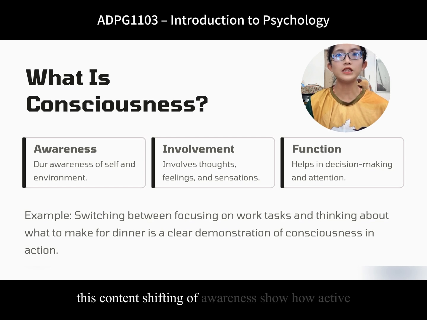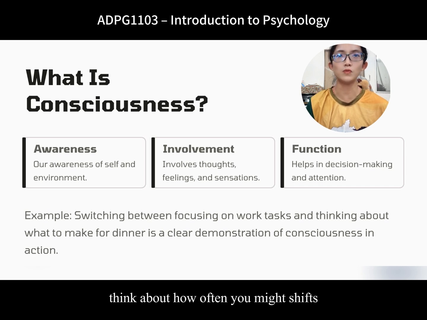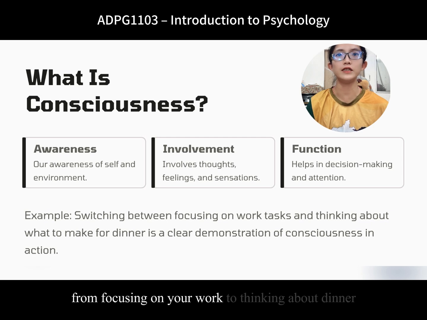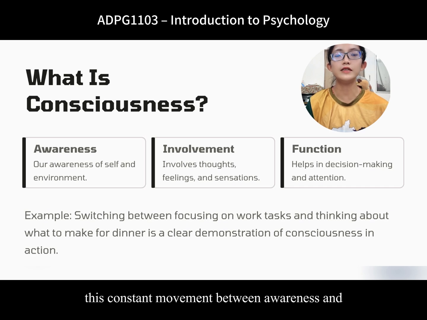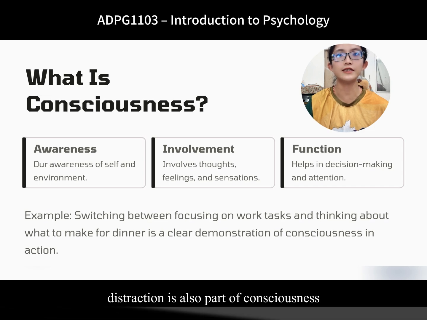This constant shifting of awareness shows how active our consciousness is in daily life. Think about how often your mind shifts from focusing on your work to thinking about dinner or a message you forgot to reply to. This constant movement between awareness and distraction is also part of consciousness.